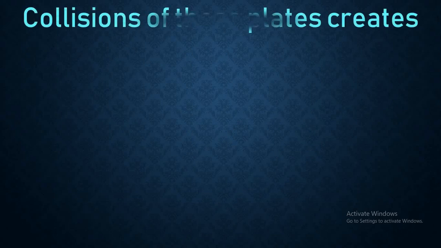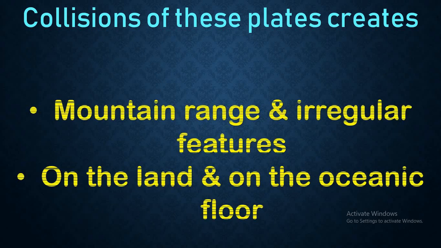Well, collision of these plates creates mountain ranges and irregular features. We have some movements of these plates. When they move, they create the mountain ranges and irregular features on the land as well as on the oceanic floor.